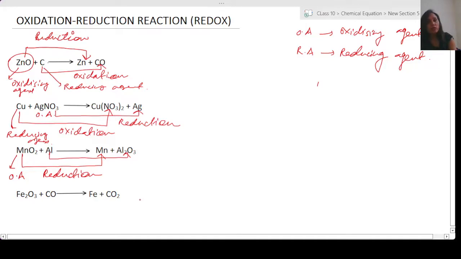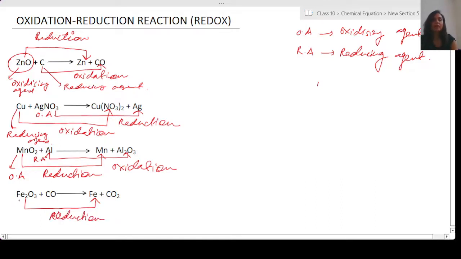So it is gaining oxygen. So it is the oxidation reaction here. And Al is acting as the reducing agent. Now coming to Fe2O3 plus CO, Fe2O3 is changing to Fe, that is there is a loss of oxygen. So it is a reduction reaction.